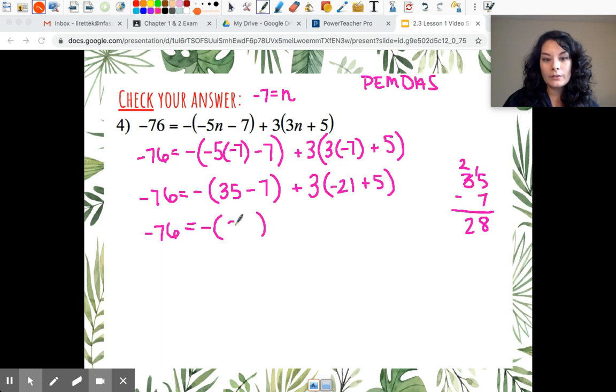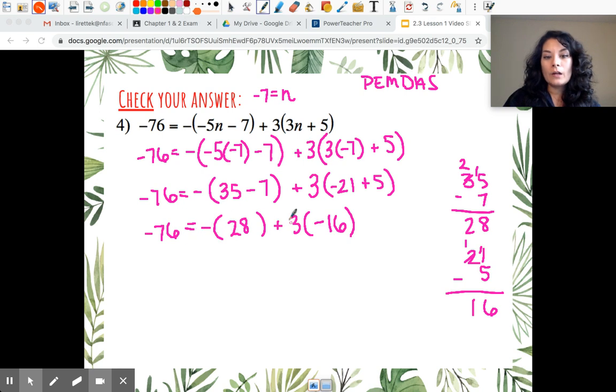So it should be a positive 28 since the 35 was positive. Plus 3 parentheses. Signs are different here as well, so I do have to subtract here. Again, if you need to do that off to the side, you would just have to borrow to make that 1 and 11. 11 minus 5 would give me 6. 1 minus nothing gives me 1. But it's a -16 since the 21 is further from 0.